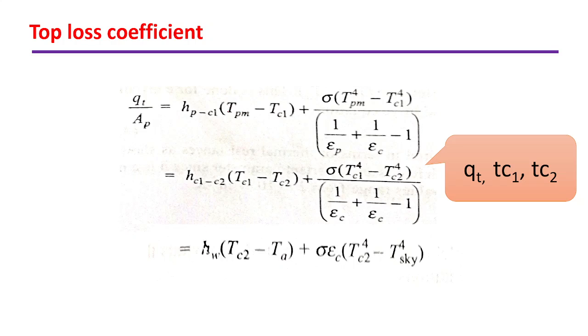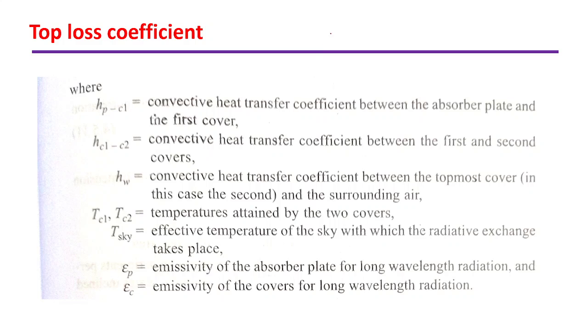Then you see the temperature difference term is there, along with the coefficient terms. So first we have to see our system: what are HP C1, HC1 to HC2, and H omega. Let's visualize the system again. If this is your absorber plate, this is your first glass cover, and this is your second glass cover.